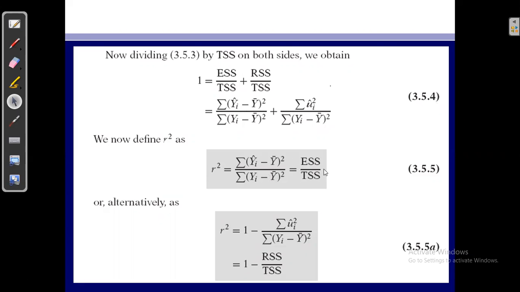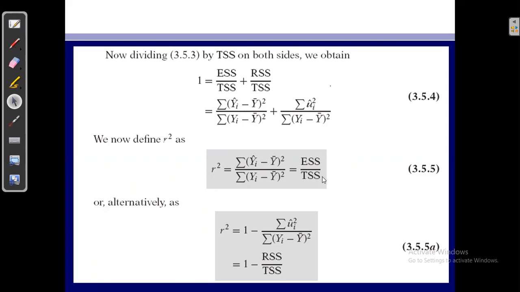So in common language, we say R square is the ratio of explained variation to the total variation. You can also write the numerator as explained variation, those which are explained by x, for which we have a formula, divided by total variation.